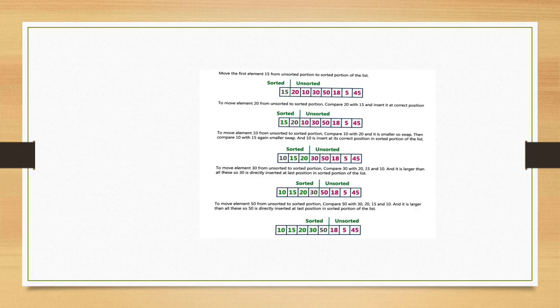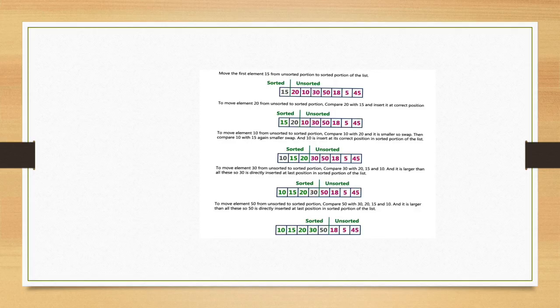After this, we have 5, 10, 15, 18, 20, 30 and 50 in the sorted portion, and we are left with 45 in the unsorted list.